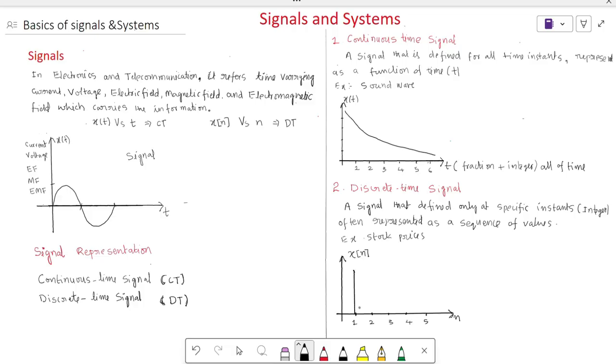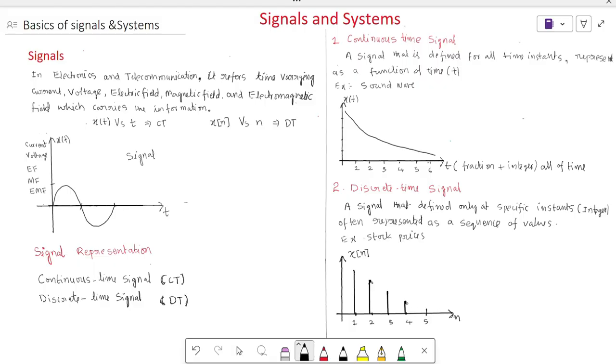So here it is a magnitude. So here this magnitude, is it?